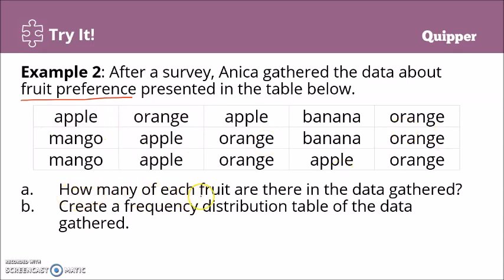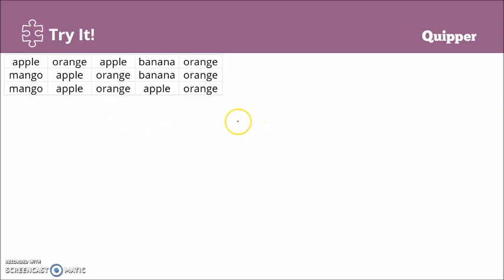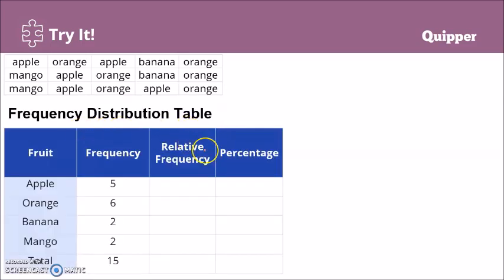So, how many of each fruit are there in the data gathered? Create a frequency distribution table of the data gathered. So, we are going to create a frequency distribution table. Bibilangin natin isa-isa kung ilan ang nag-choose ng apple, ilan ang nag-choose ng orange, and so on. And let's present that using the frequency distribution table.